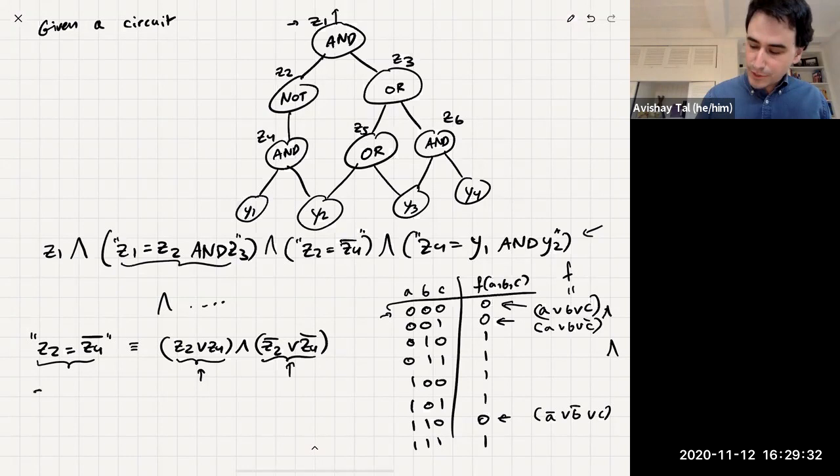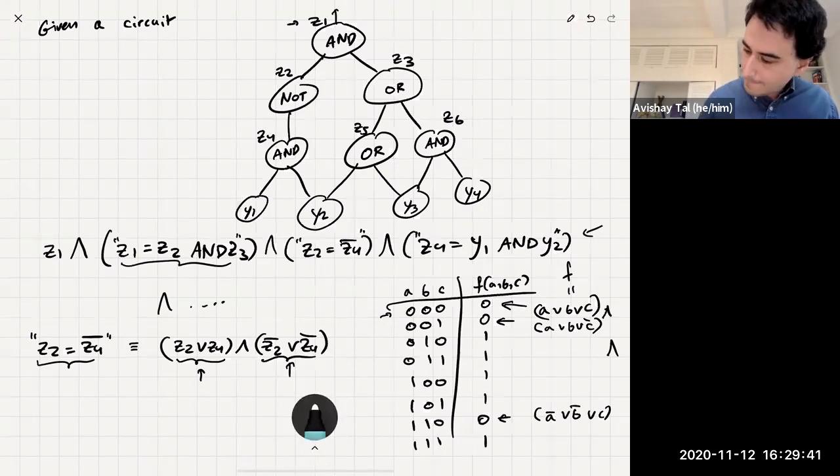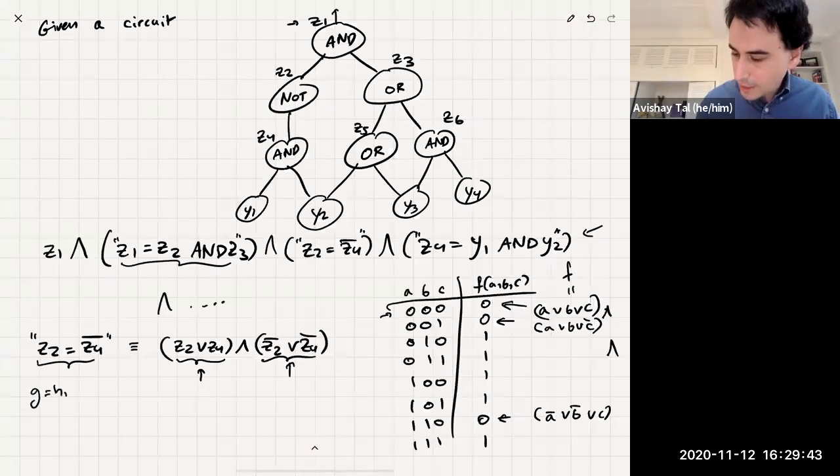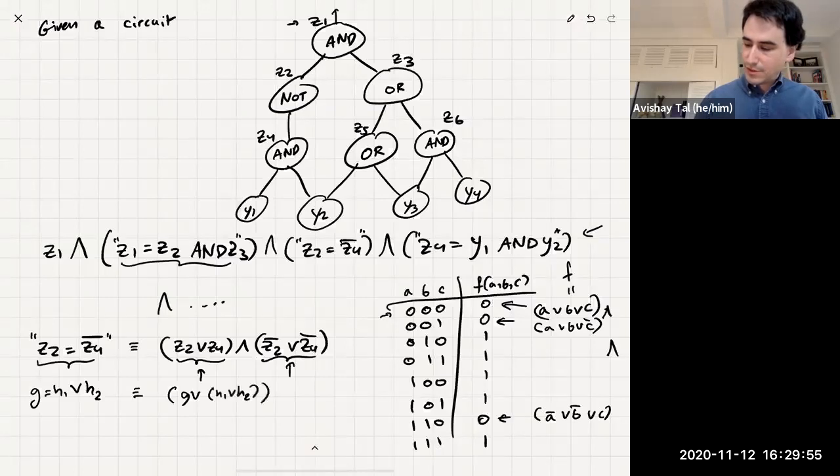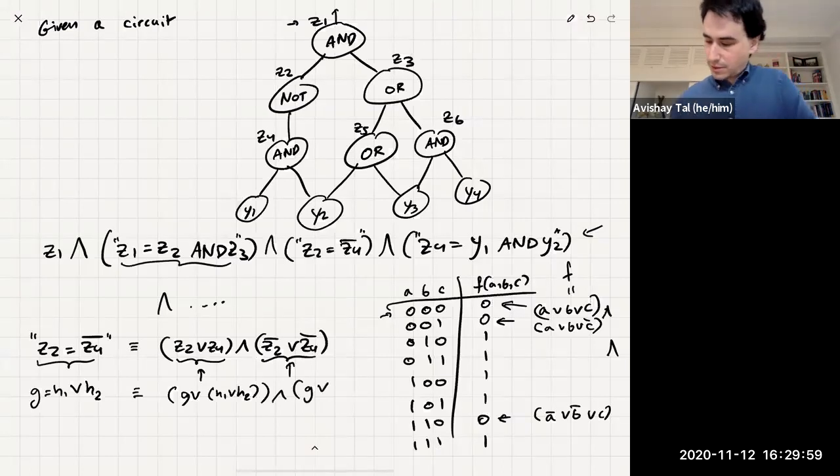You can also find expressions for something like G equals H1 or H2. This is equivalent to G or H1 or H2 not, and G or H1 or H2 not.